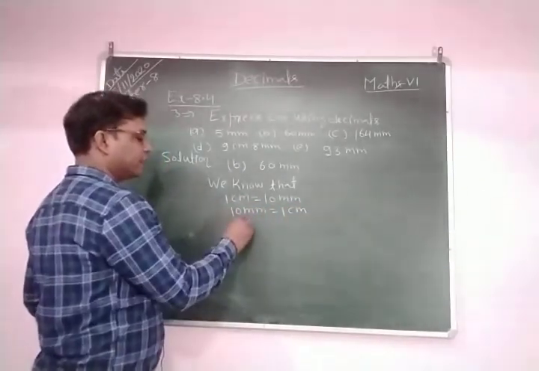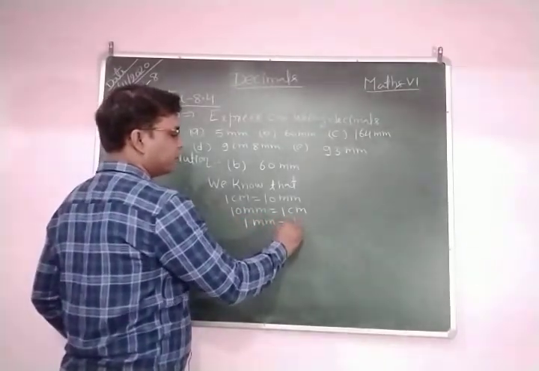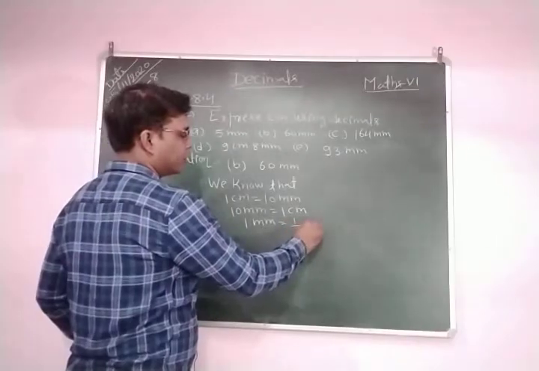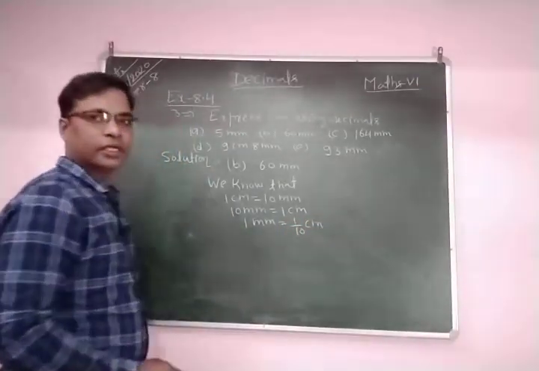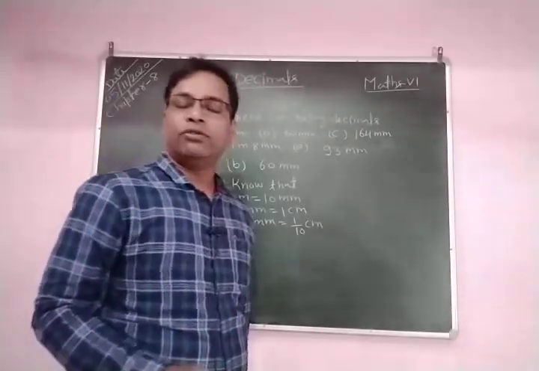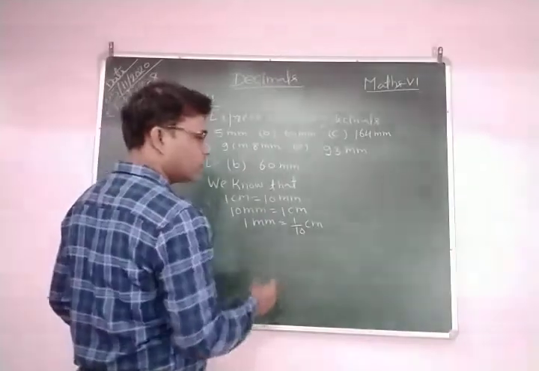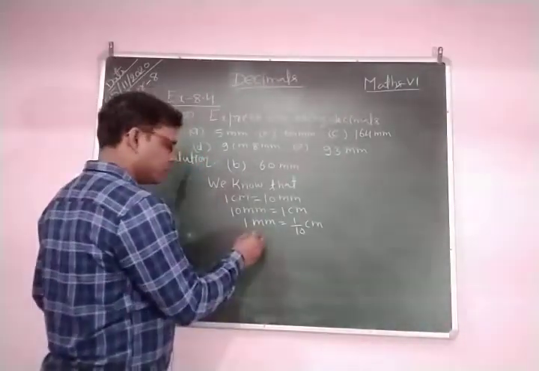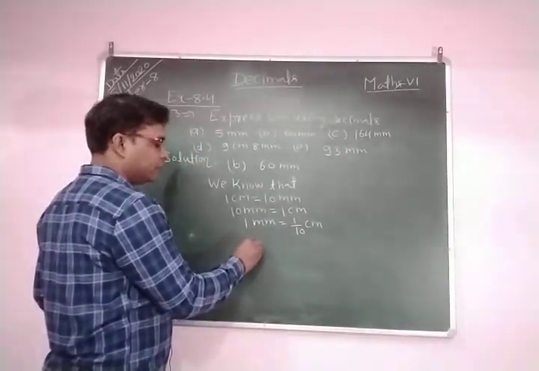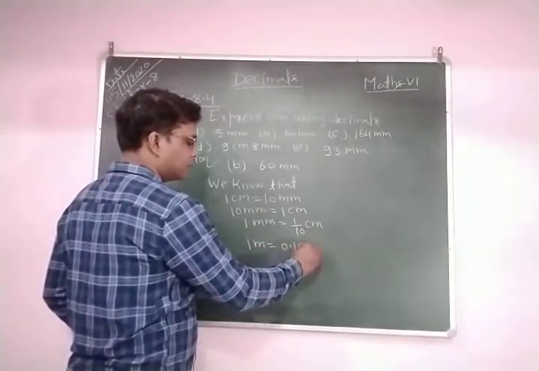Clear? Or you can write 1 millimeter is equal to 1 by 10 centimeters. If you divide 1 by 10, then you obtain 0.1. So 1 millimeter is equal to 0.1 centimeter.